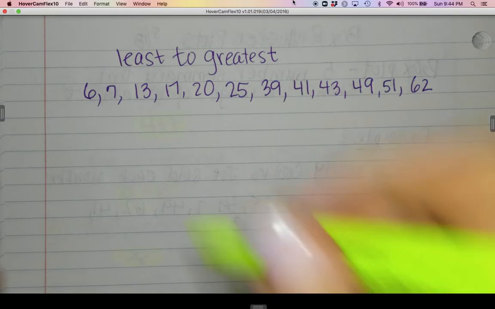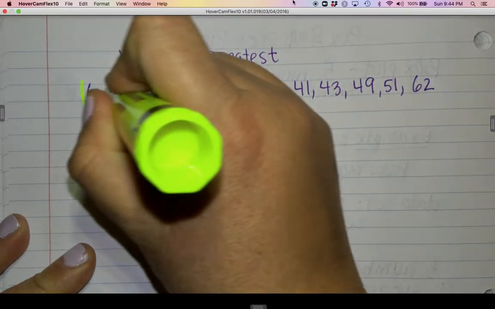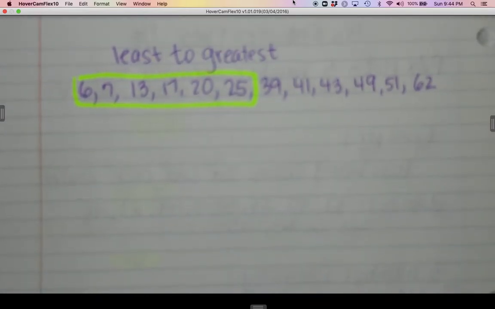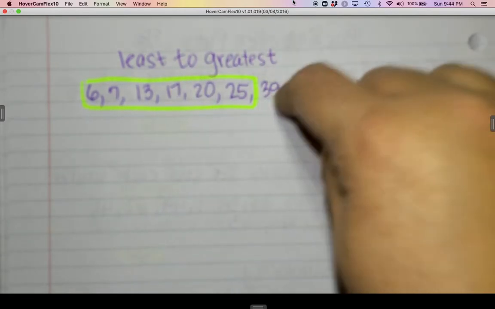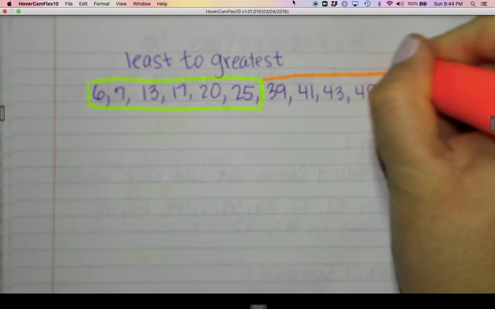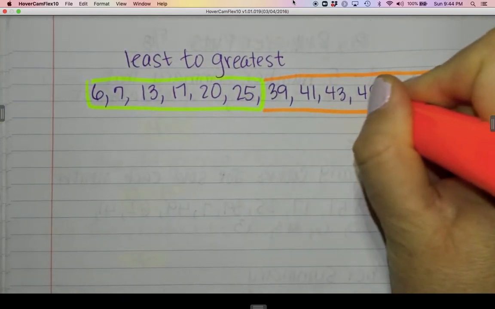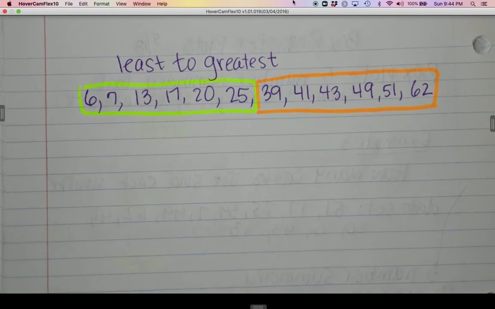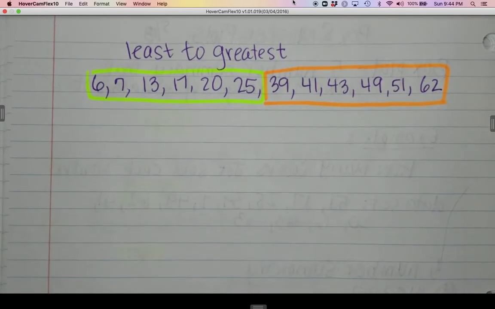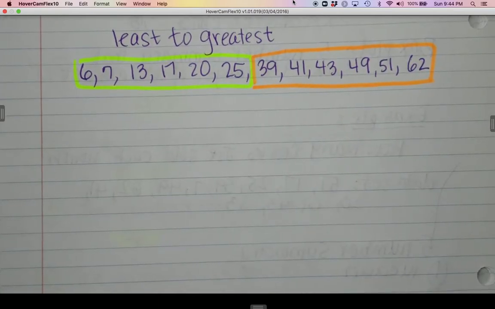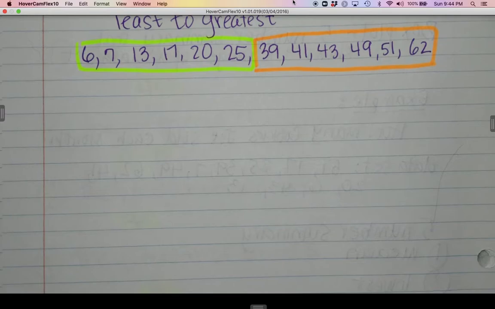So if I have 6 numbers here, and 6 numbers here, then the 2 numbers in the middle are going to be the median, and I'm going to find the average.